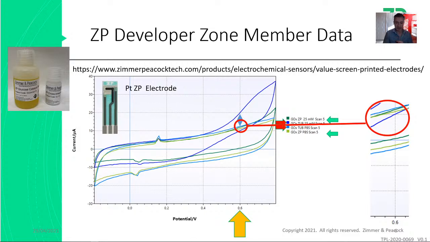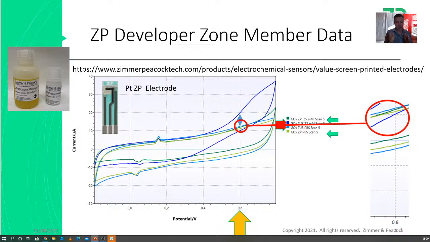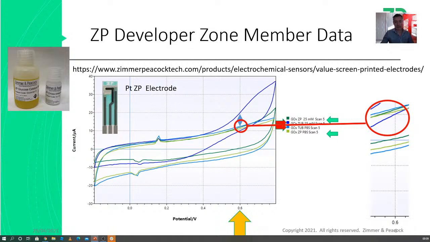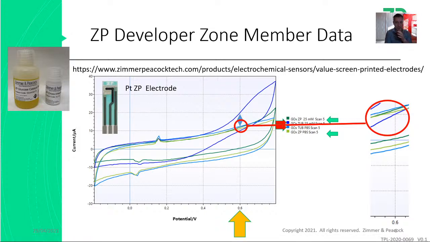So if you intend to make a chronoamperometric sensor, i.e. hold a voltage and measure the current with time, then you should be testing your sensor in the same way, and you shouldn't be relying on cyclic voltammetry. You could be careful with over-interpreting cyclic voltammetry. That's what I would like to say.